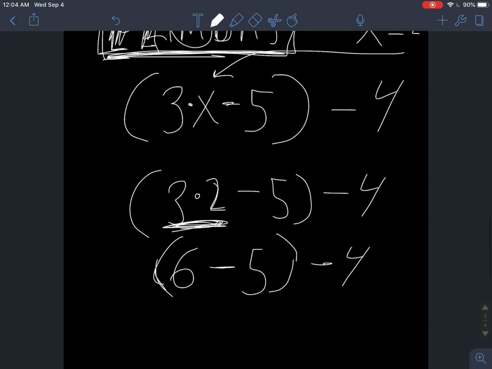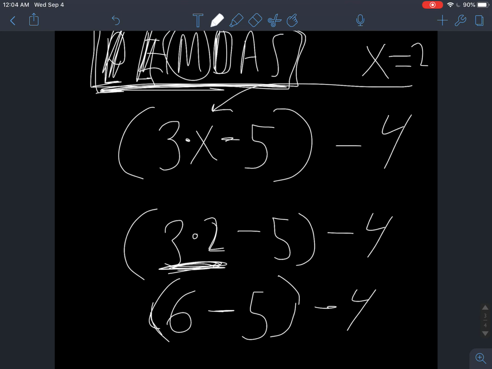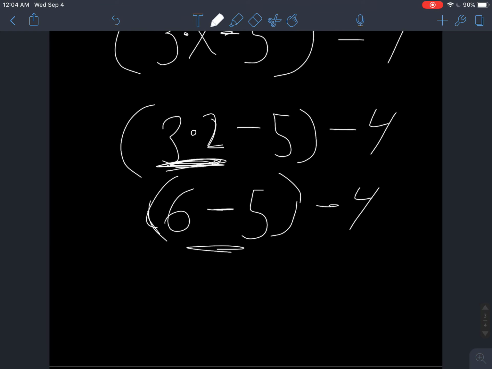6 minus 5 minus 4. So now we gotta apply the rule again. Do we have multiplication again somewhere else? No. Do we have division anywhere? No, we don't have division. Do we have addition anywhere? No. So all we have is subtraction. So 6 minus 5.